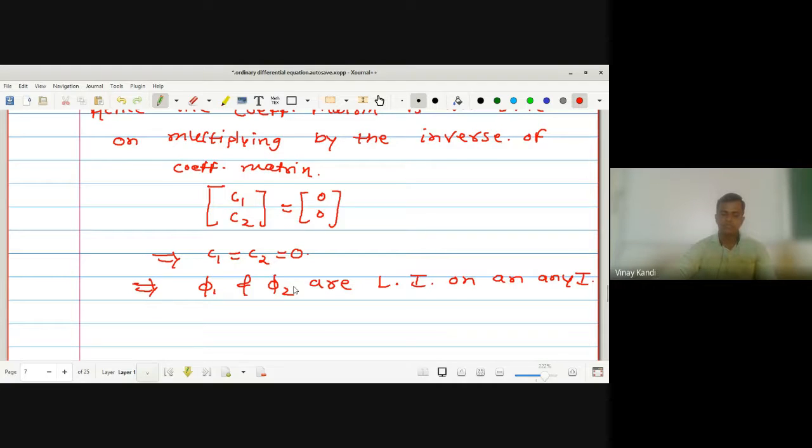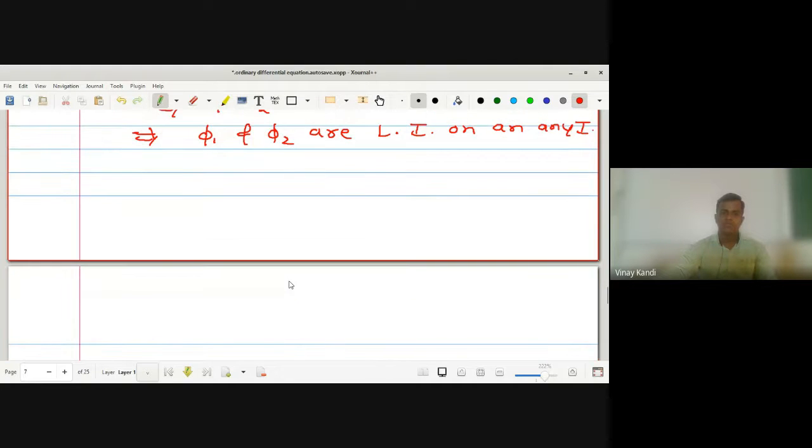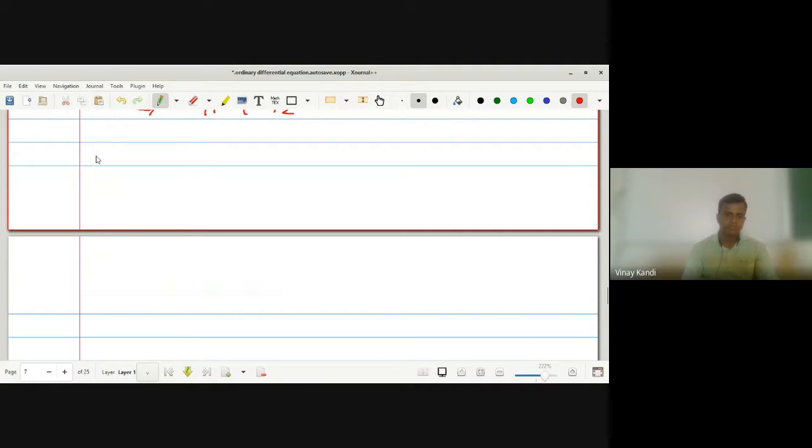Now the converse part. What is the converse?